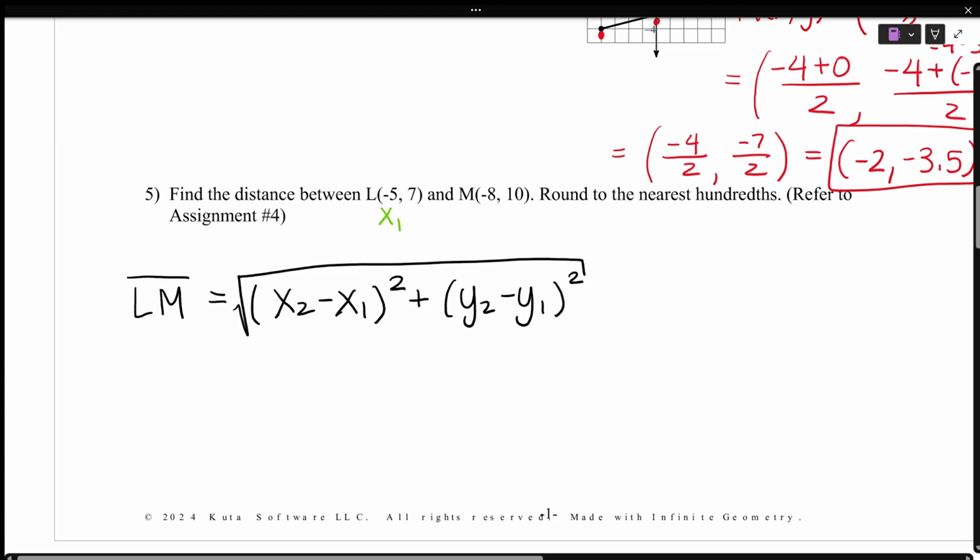x1, y1, x2, y2. And let's just plug it into our equation here. x2 is going to be -8 minus x1 is -5, and then squared, plus y2 is 10, and then minus y1 is 7.